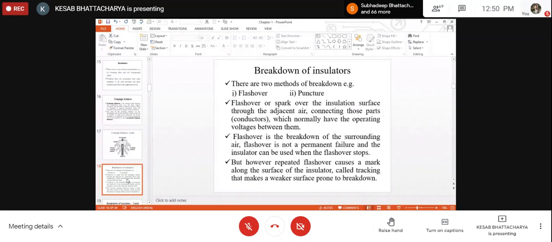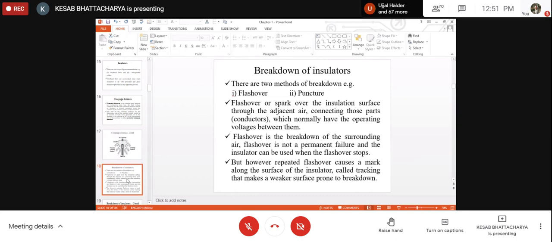That is, if puncture occurs in any insulator, that particular insulator cannot be used further. On the other hand, in the case of flashover, if the flashover is not very severe, then removal of the cause for occurrence of flashover may allow the insulator to be used again.